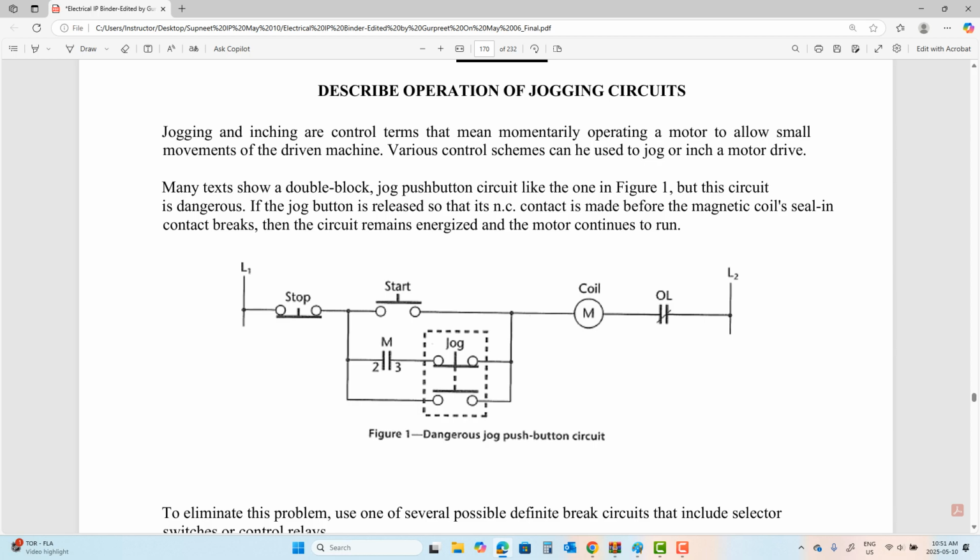At 11 until 1, again people are coming in and out of the building to go get lunch. It calms down again until 4 p.m. to 5 p.m. when people are leaving to go home. Those are called jogging circuits.